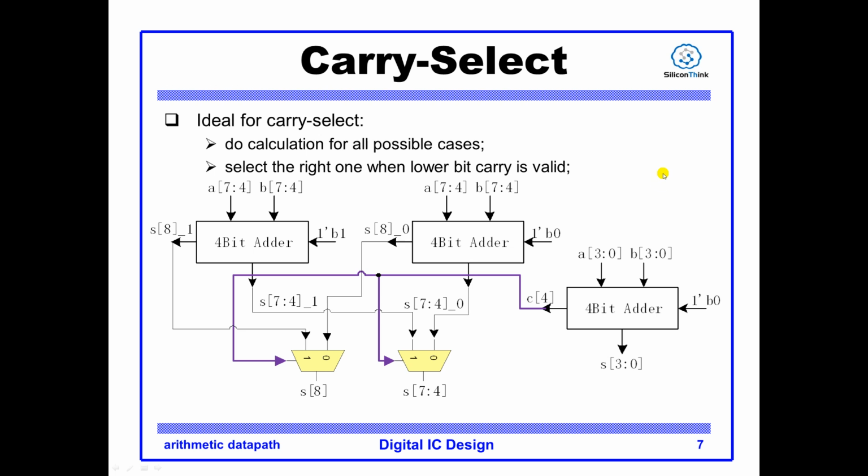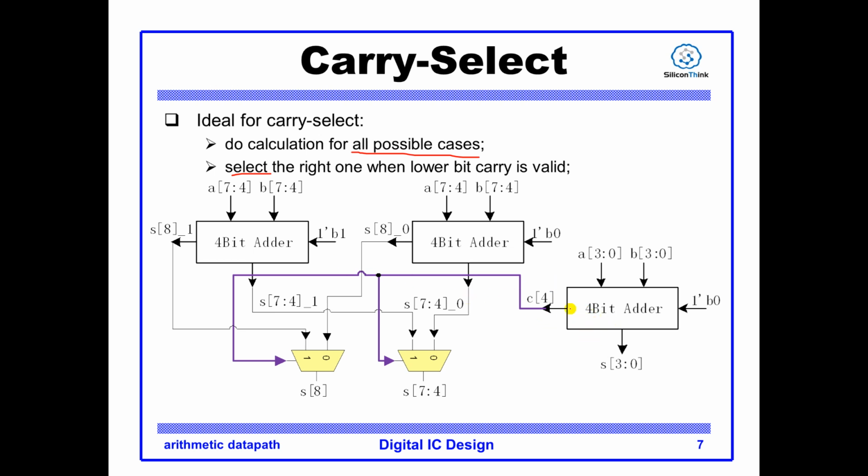The point is to guess all the possible cases and select at last. So if you are ready, we can analyze the delay of this architecture.